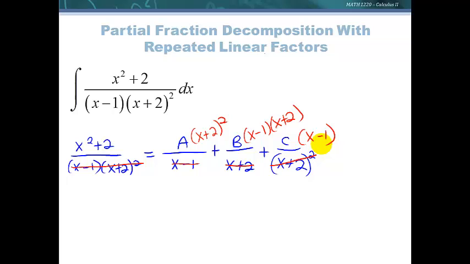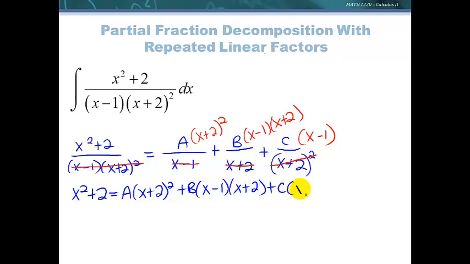So let's write down what we have left. We have x squared plus 2 equals a times (x plus 2) squared plus b times (x minus 1)(x plus 2) plus c times (x minus 1).